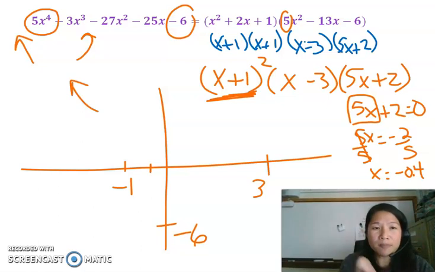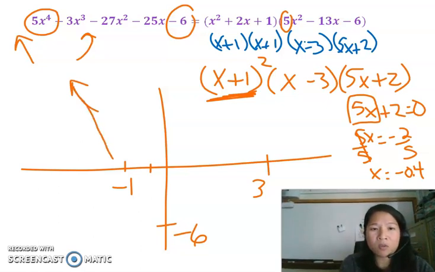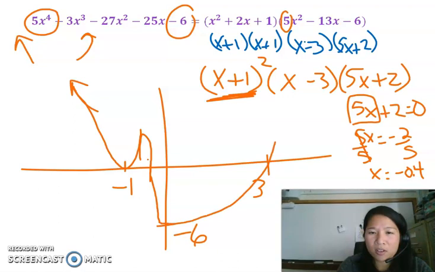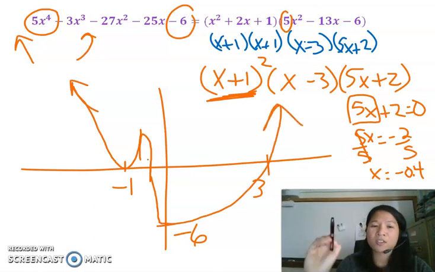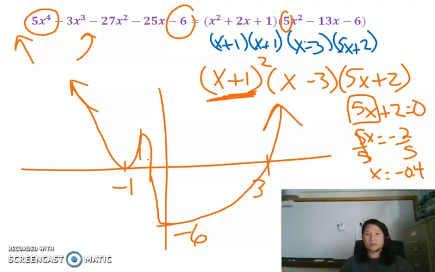If it's going to go up, keep going here, it's going to bounce there. When it bounces, it has to go down to negative 0.4, and then it's going to go to negative 6, and then it's going to cross to the other x-intercept. There you have a rough sketch of your graph.